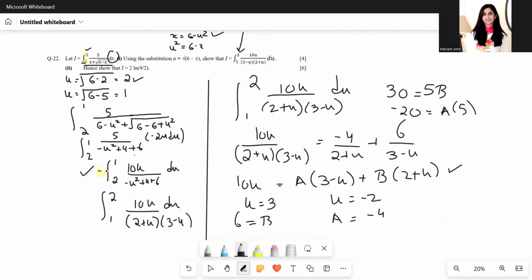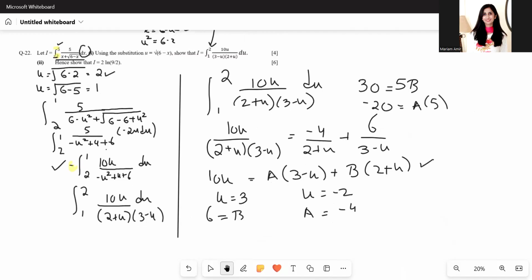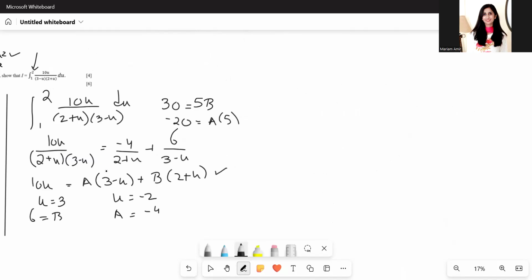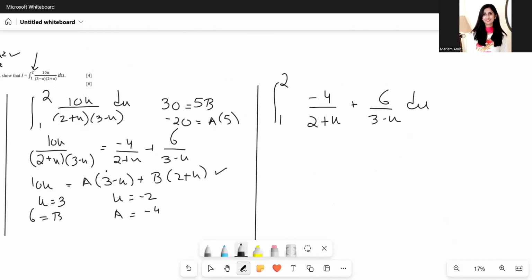Okay. And now we integrate this. So integrate within the limits 1 to 2, negative 4 upon 2 plus u and 6 upon 3 minus u. Okay.